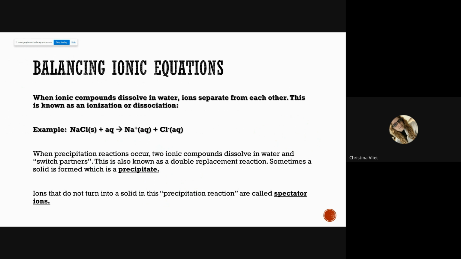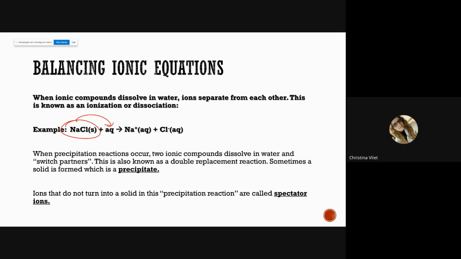One of the basic ideas in acids and bases and in salts in general is when we take an ionic compound and throw it in water, it breaks up in water. Is that something that sounds familiar? I take an ionic compound, I put it in water, and it breaks apart in water. Another word for that is dissociation.